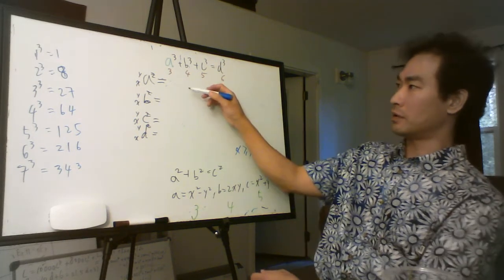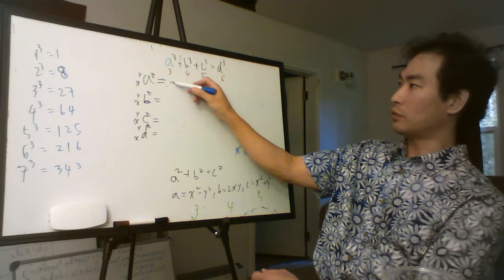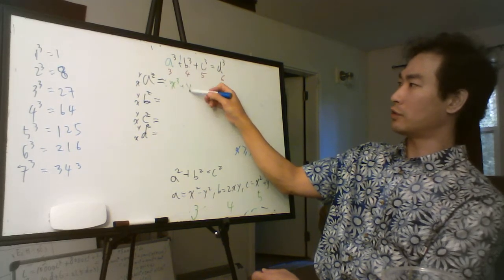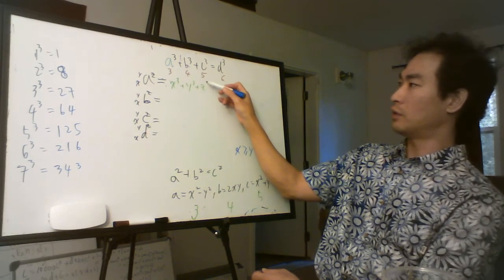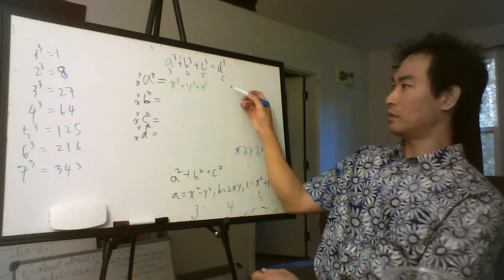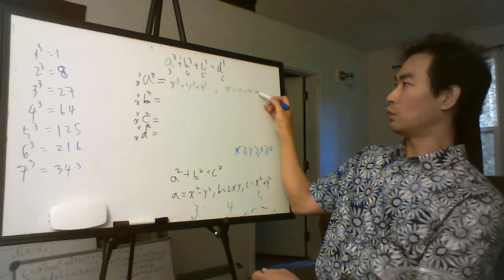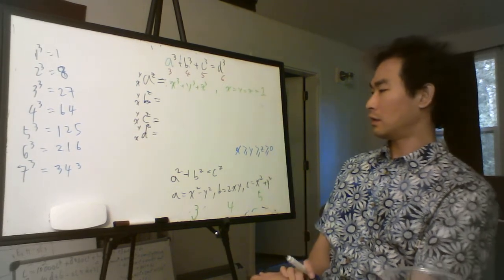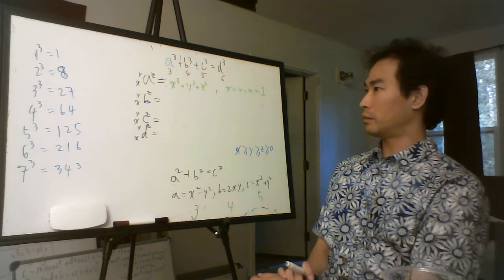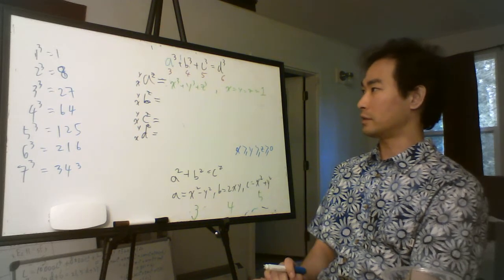Just one hypothesis. What if A is equal to x cubed plus y cubed plus z cubed, where x, y, z is equal to 1, okay? That's one hypothesis, okay?